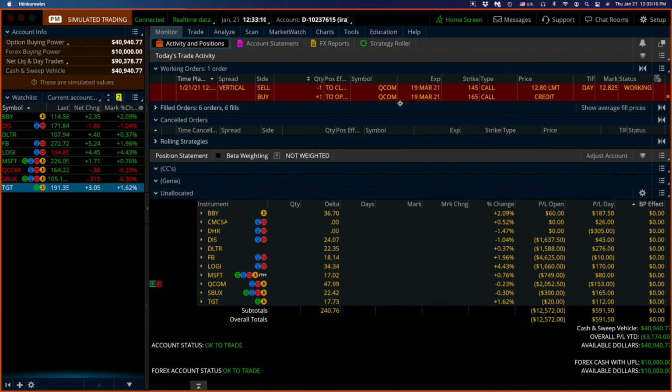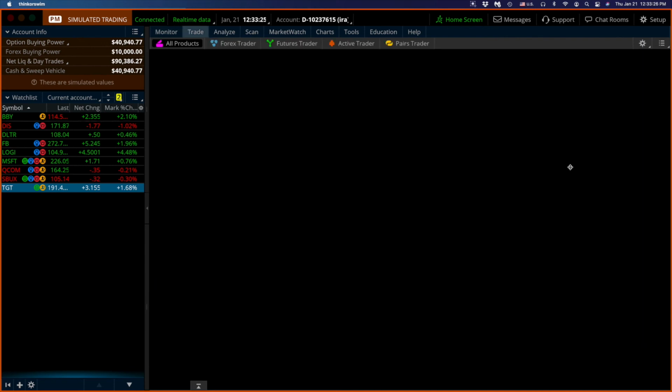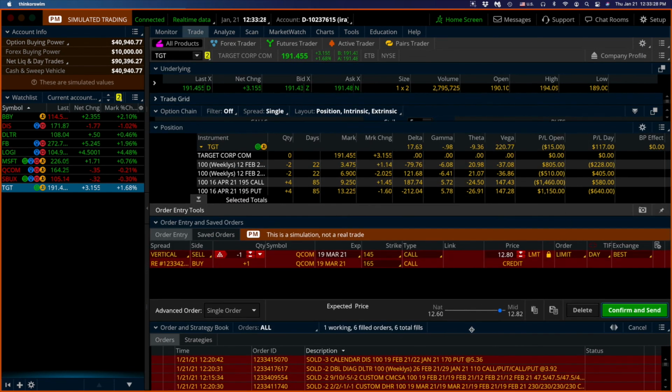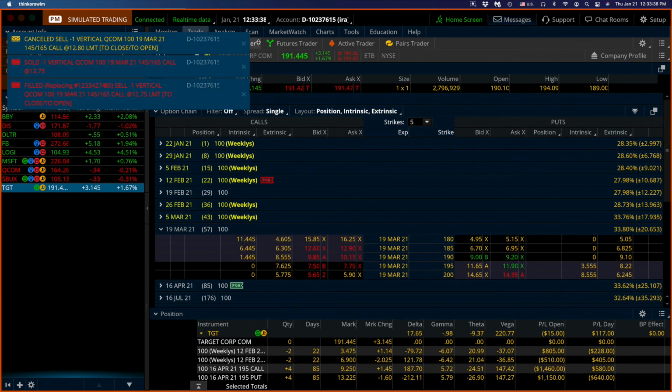We still have that Qualcomm to get. I'm going to give it some time. You can see the mark is above the credit, so it's very possible that it will get filled. Otherwise, cancel and replace, and you can change the price a little bit. Let's go down by 5 cents and filled. There we go.